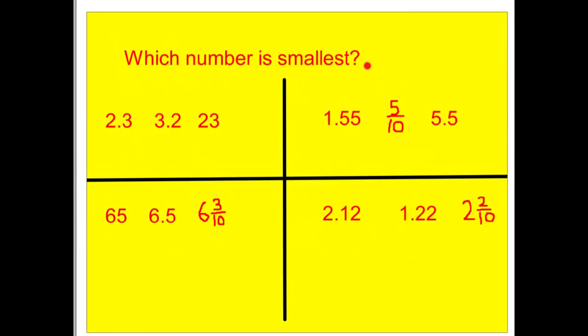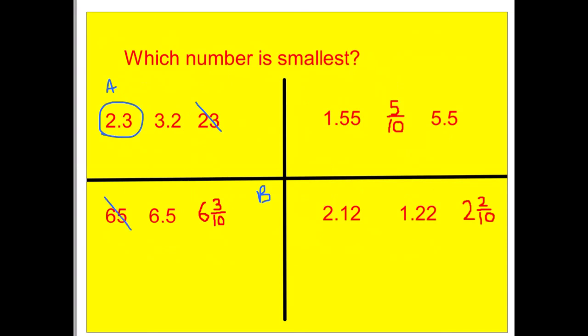Which number is smallest? Let's begin with the top right hand corner, we'll call it A. So 2.3, 3.2 and 23. Well, we can rule out 23, it's way bigger than the other two, and the smallest number of the remaining two is 2.3. We'll look at B next, 65, 6.5 and 6 3/10.